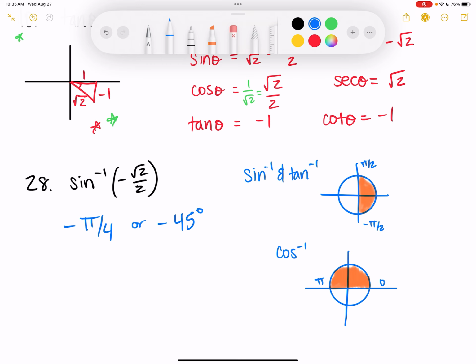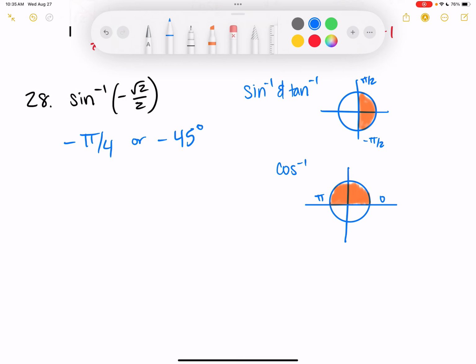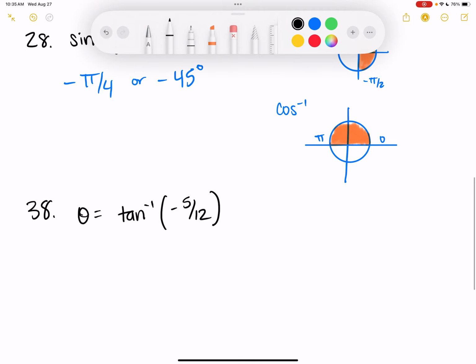38, they want us to find the exact value of the 6 trig functions for the angle theta. They give us theta equal to the inverse tangent of -5/12. So basically we need to set this up as a graph.